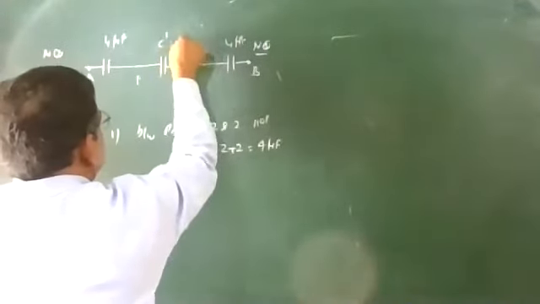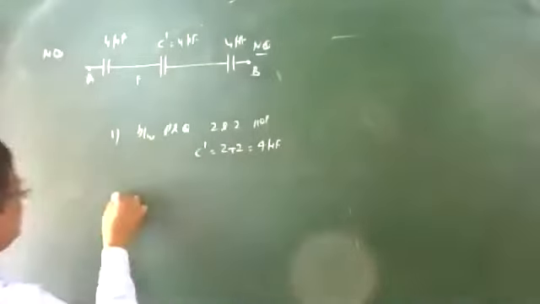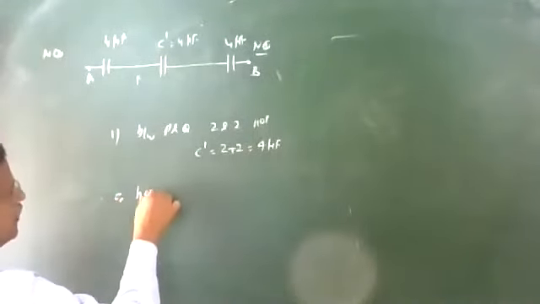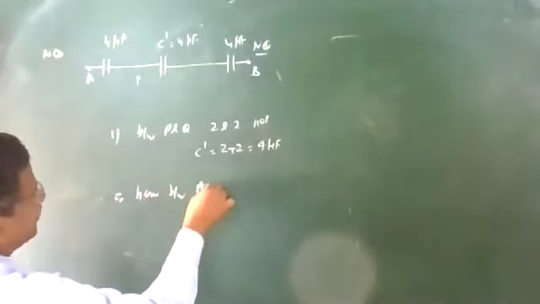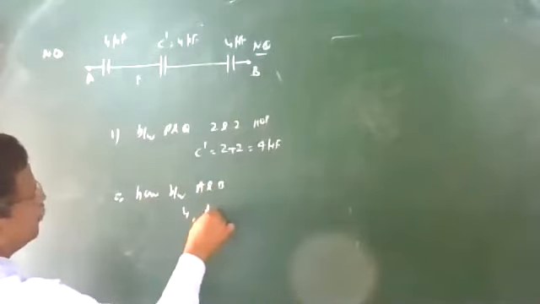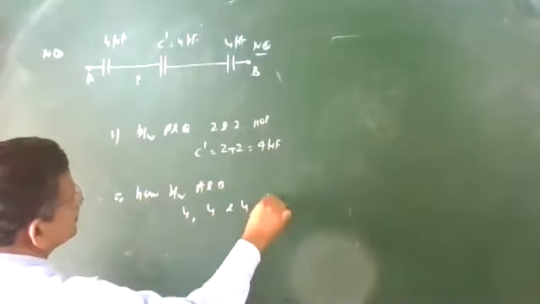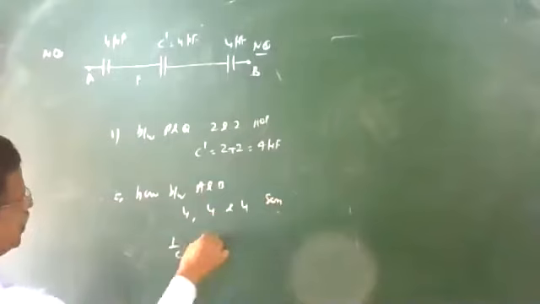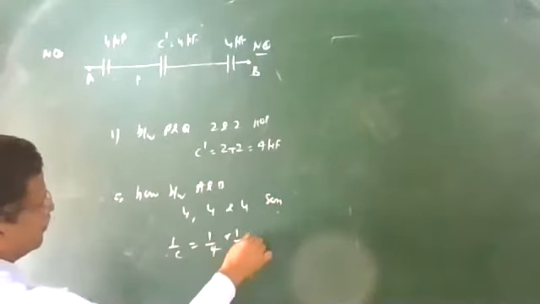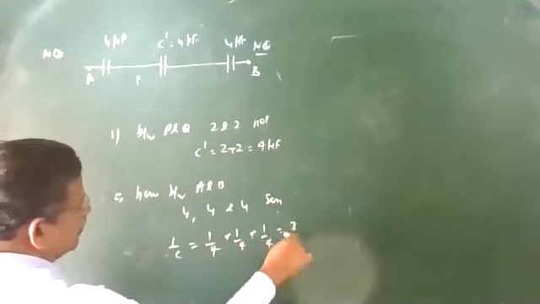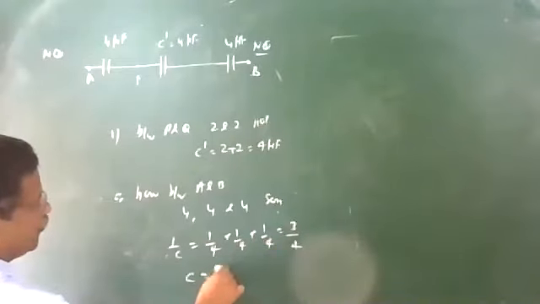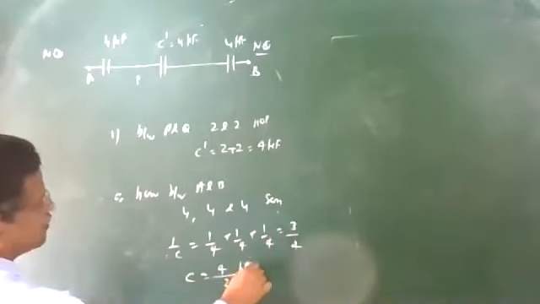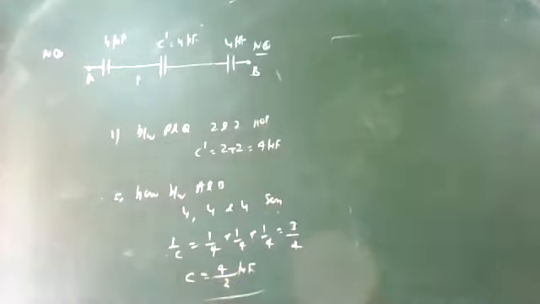Now between A and B, 4, 4 and 4 are in series. 1 by C equals 1 by 4 plus 1 by 4 plus 1 by 4, which equals 3 by 4. C equals 4 by 3 microfarad. Write the microfarad unit only at the end and carry the values forward.